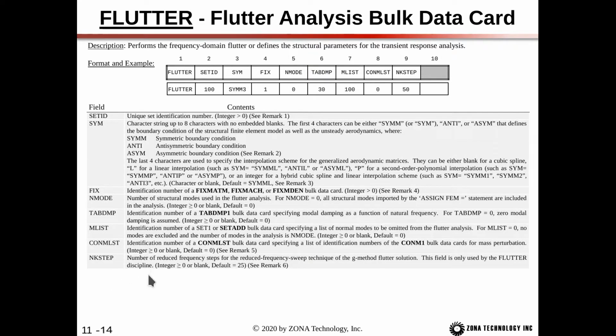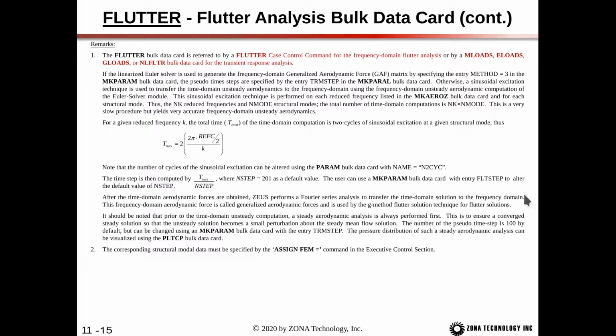Remember that the Flutter card can be referred to by other disciplines, in which case the nk step is ignored. And the default here is 25, which usually does not need to be changed. Okay, so the Flutter card is referred to by the Flutter case control command or by the mloads, eloads, gloads, or nonlinear Flutter cards.